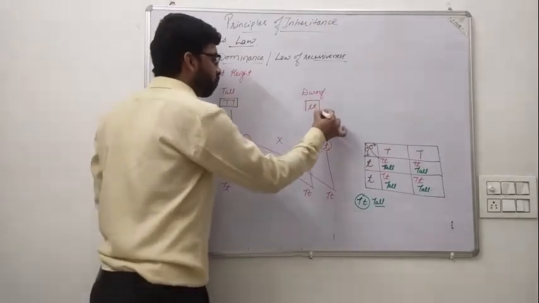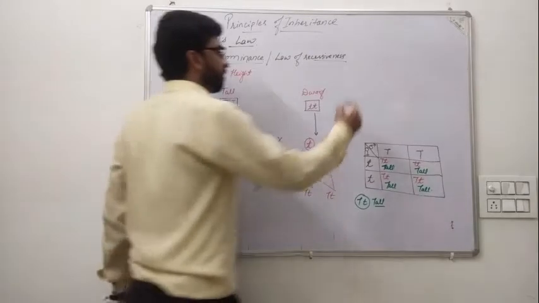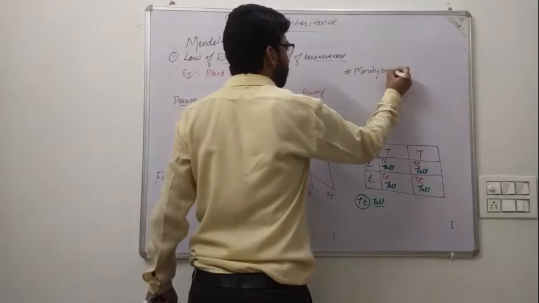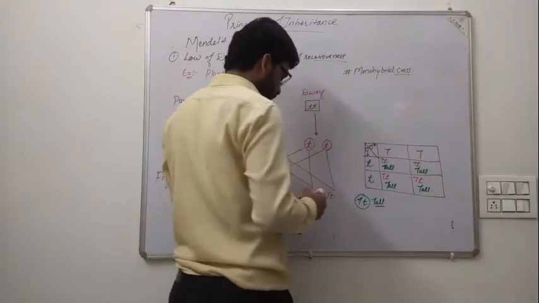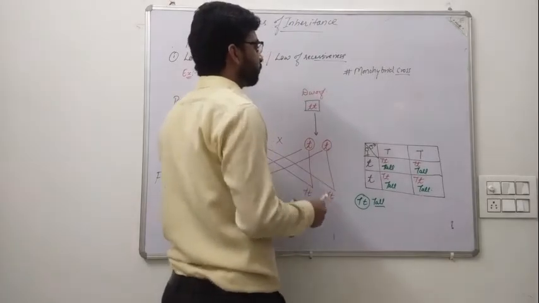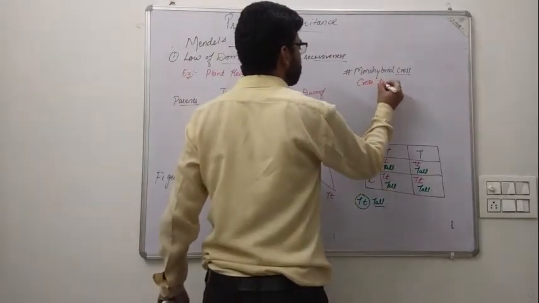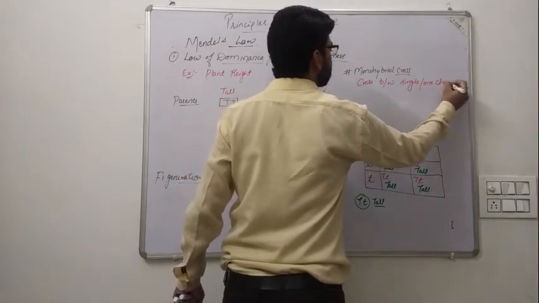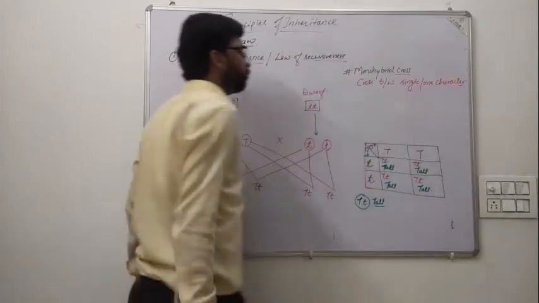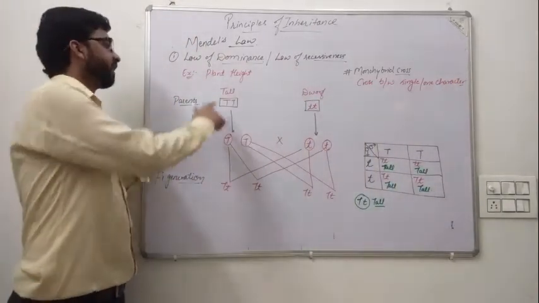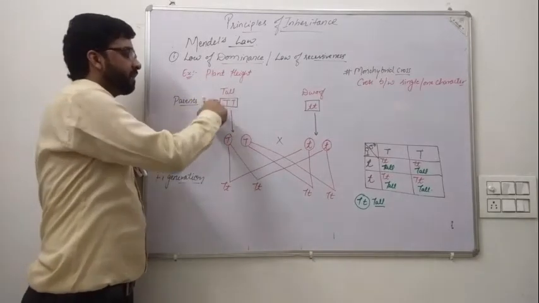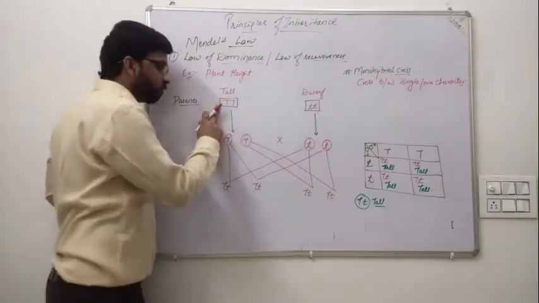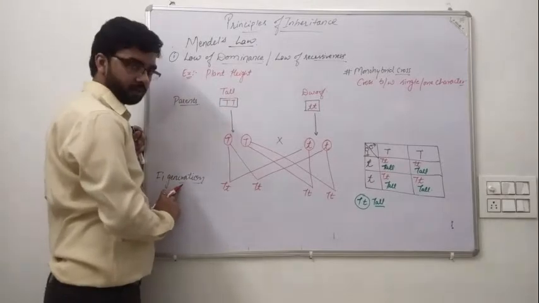This is a monohybrid cross, a cross between a single character. The single character here is plant height, having tall and dwarf. So it's a monohybrid cross, homozygous parents in the F1 generation.